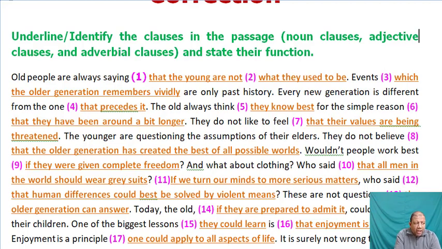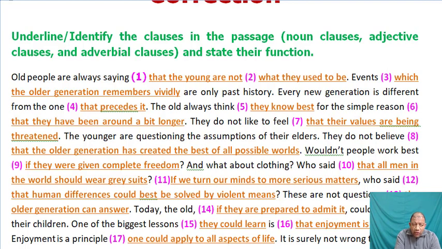Old people are always saying that the young are not what they used to be. In this sentence, we have 2 clauses. The first one is that the young are not. This is a noun clause, and it functions as a direct object of the verb to say.